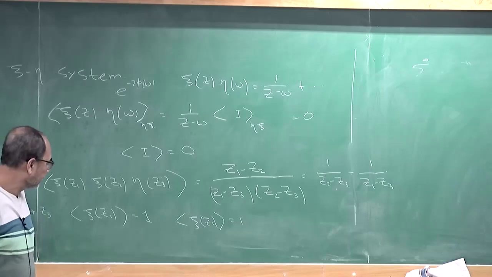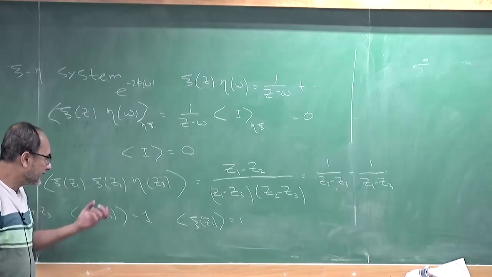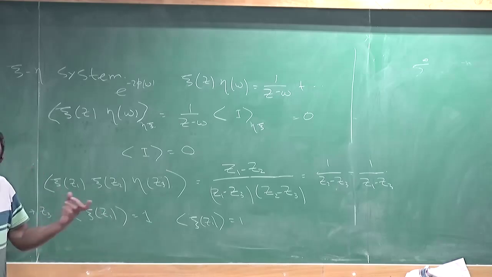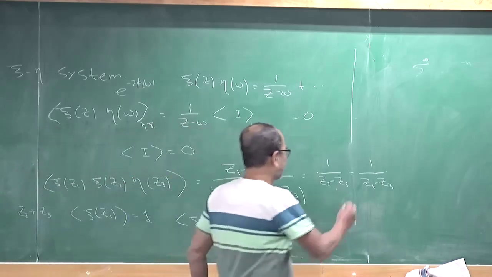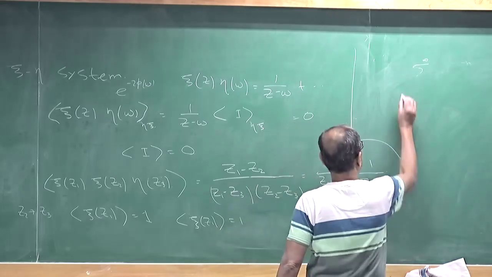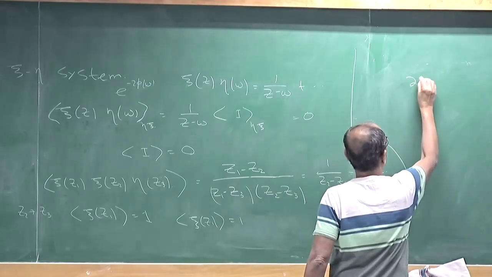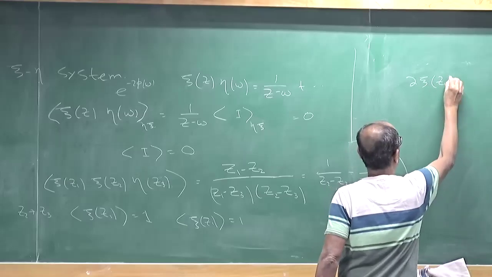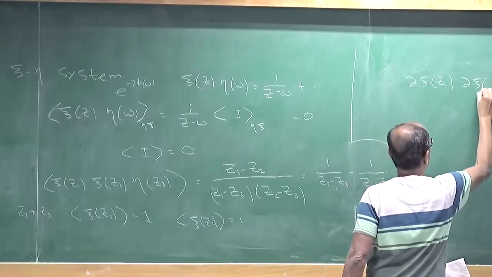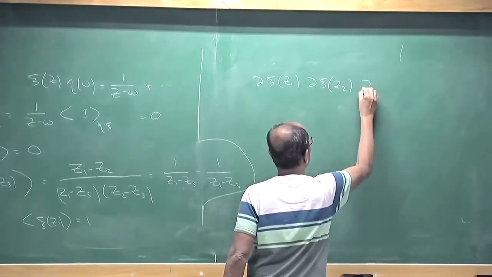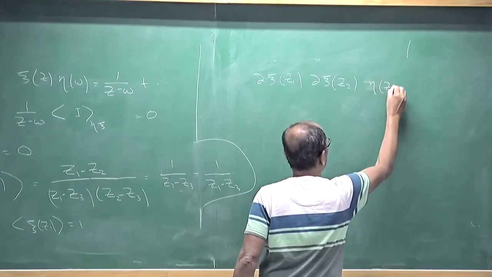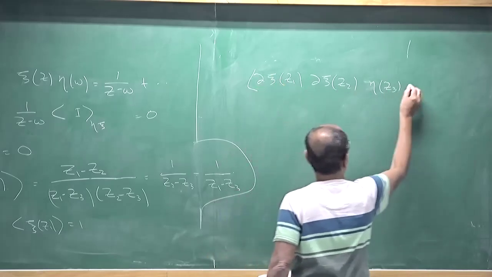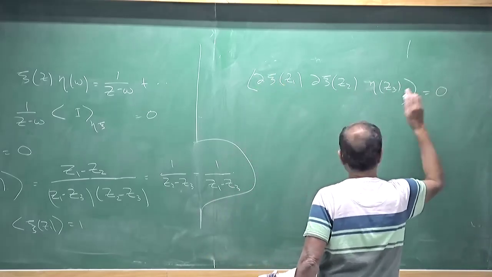No, that doesn't have to be. Del xi of Z1, del xi of Z2, eta of Z3 doesn't have to be zero, but it is zero. It doesn't follow just from antisymmetry. For the C's, it is not zero.